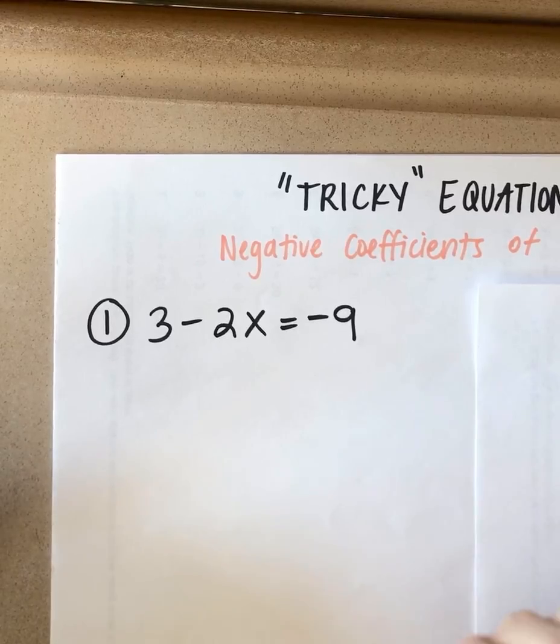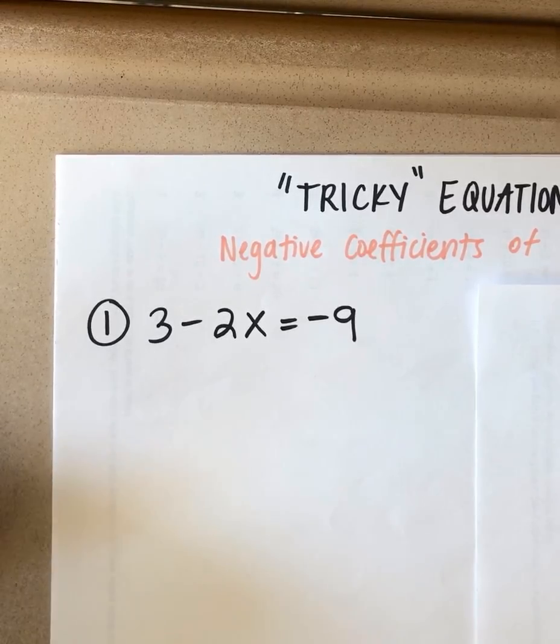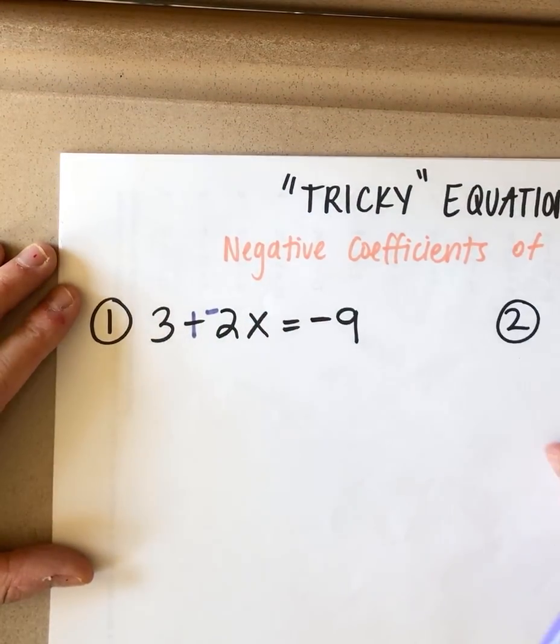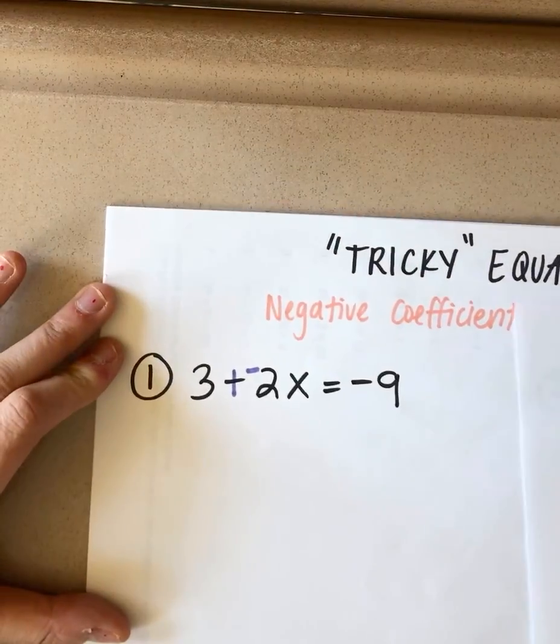So I'm going to use some skills I already have. Where I see a subtraction sign, I always am going to change it into adding a negative. So that's my first hint. Always add the opposite.